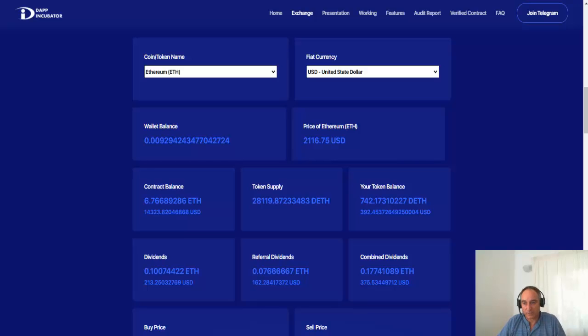Now that we've got that out of the way, you will come in, you will buy the D token. In this case, if you're spending Ethereum, you're going to get the DETH token, but there will be a service fee of 10%. Now, let's say, for argument's sake, that there are two other users who also own DETH tokens already.